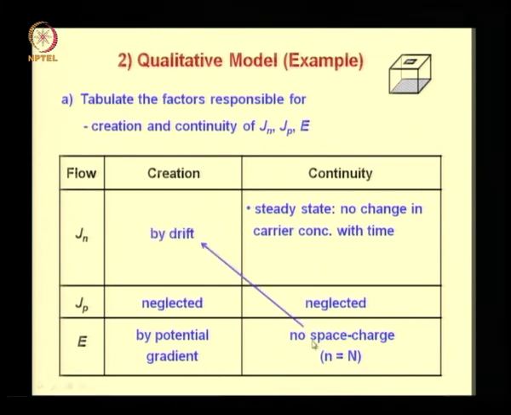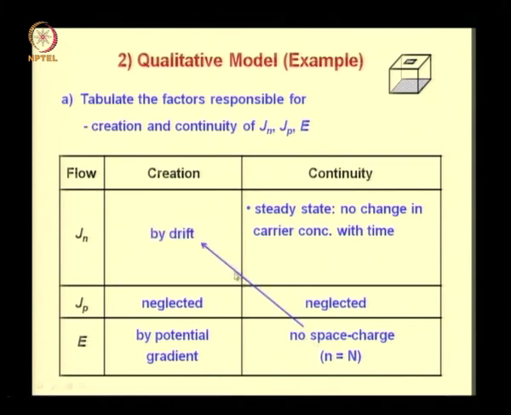A consequence of no space charge approximation is that the current flow occurs only due to drift. You see, this is a uniformly doped semiconductor, and therefore no space charge implies that electron concentration is uniform, and therefore there can be no diffusion current. That is why the current is only due to drift.